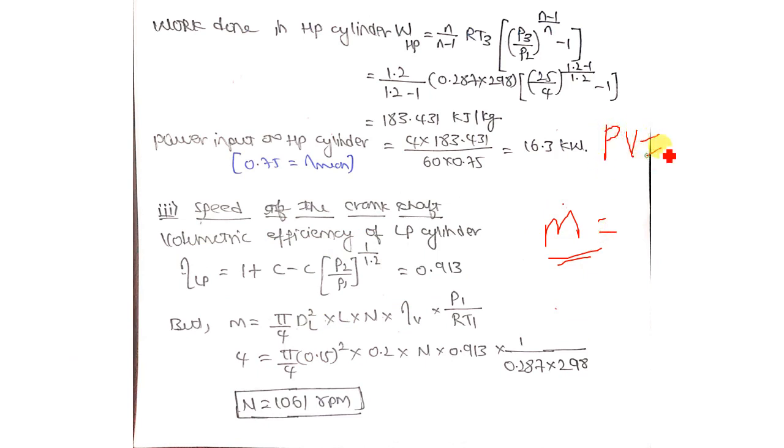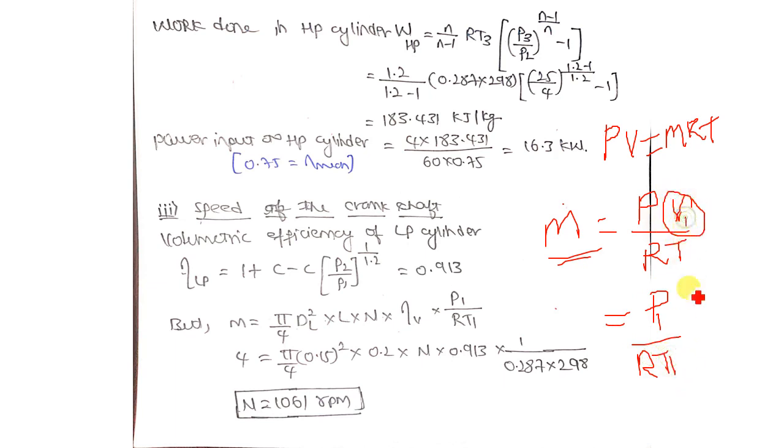At the initial condition, it is P1 divided by R into T1, and V is at the inlet. V at the inlet you can take as the swept volume, multiplied by the volumetric efficiency, because you cannot take the theoretical value. So the entire thing is V1 into the volumetric efficiency, into P1 divided by RT1. That is how you arrive at this particular expression.